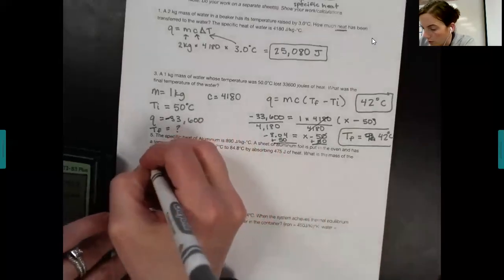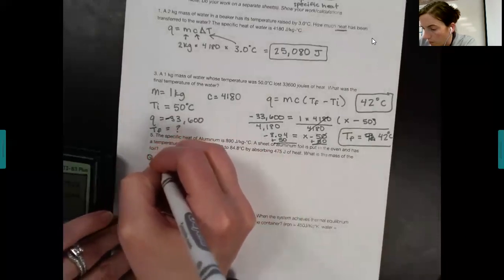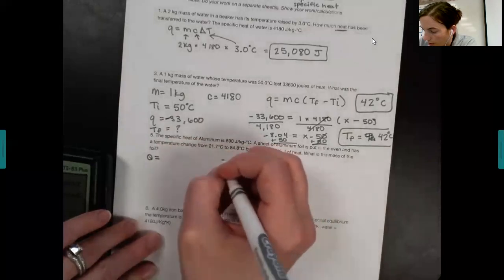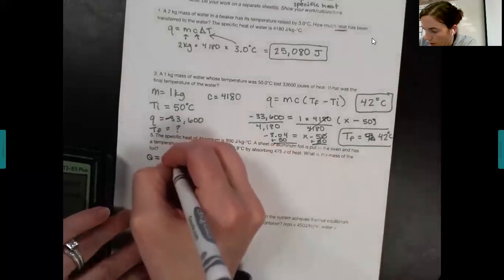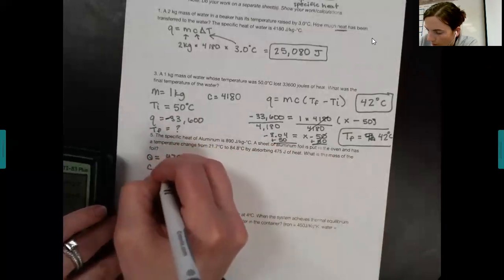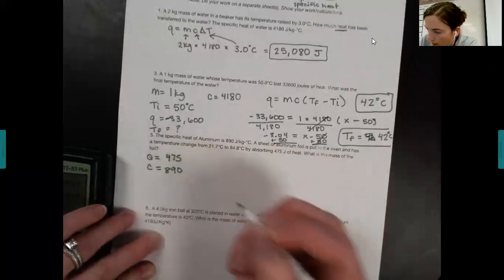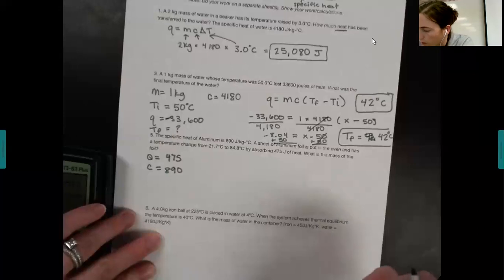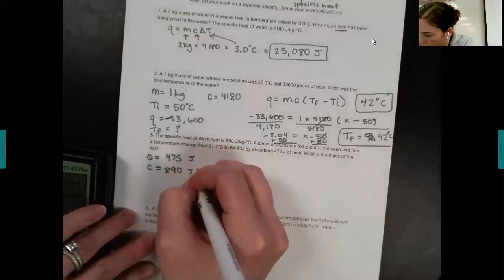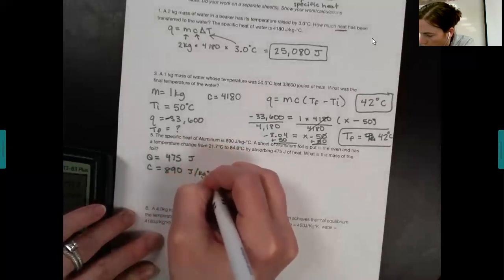Okay, so we know the Q, because it tells us that it's 475. We know the specific heat for aluminum is 890. Sorry, I'm being a horrible example by not writing out the units. Joules per kilogram degrees Celsius.